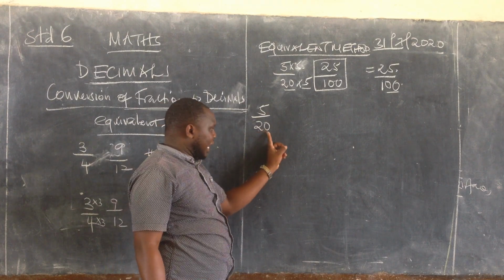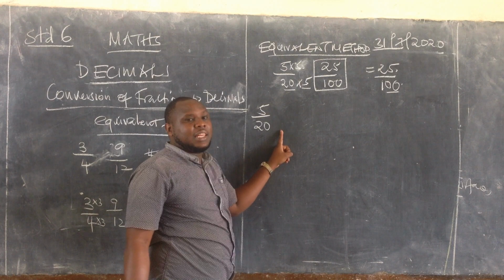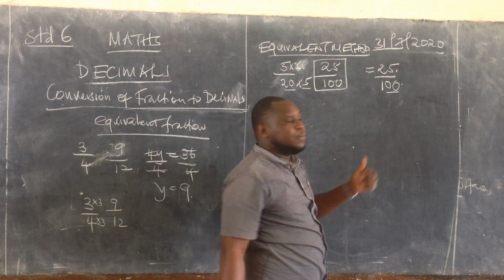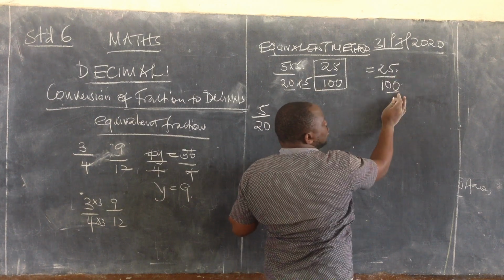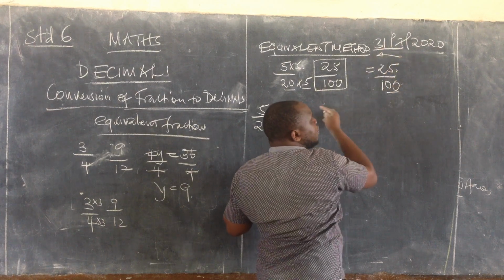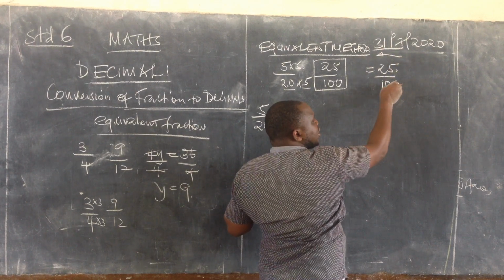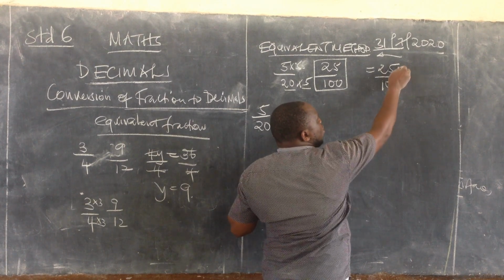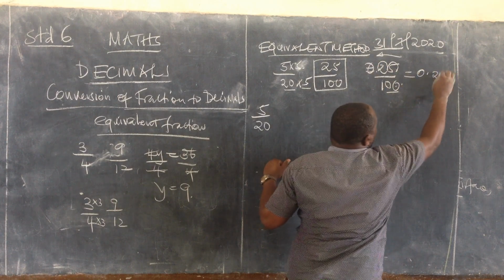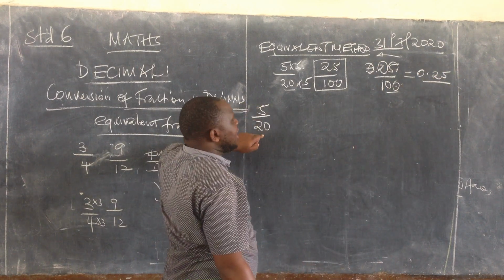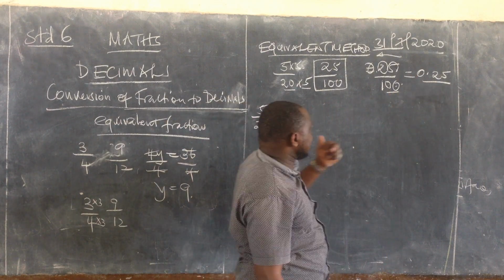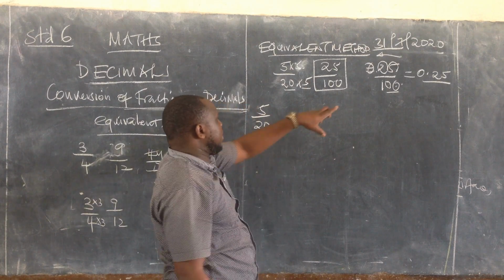We want the denominator to have one digit and the other numbers to be zeros. So that's what we have done, the conversion. From there now you divide. The decimal point is supposed to move backwards 1, 2. Remember what I told you? When you're dividing with zeros, the decimal point moves backwards, equal to the number of zeros that we have. 1, 2. So that is going to be 0.25. So 5 over 20 is simply 0.25 as a decimal. Let's see whether it's true. We are going to do that in another method and see whether it's true.